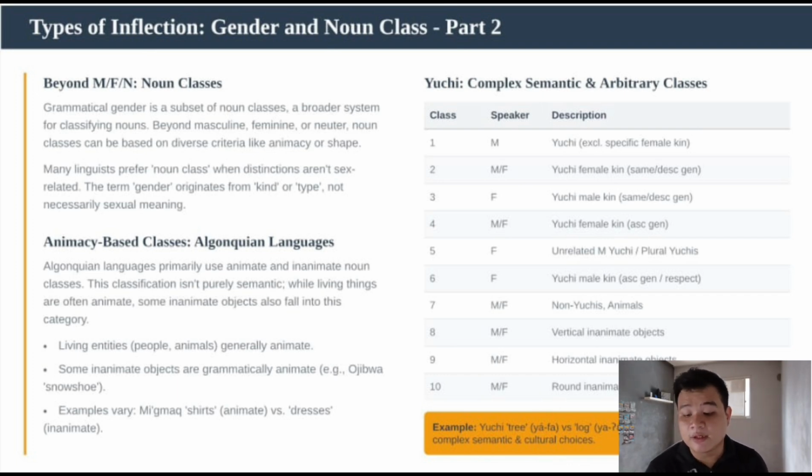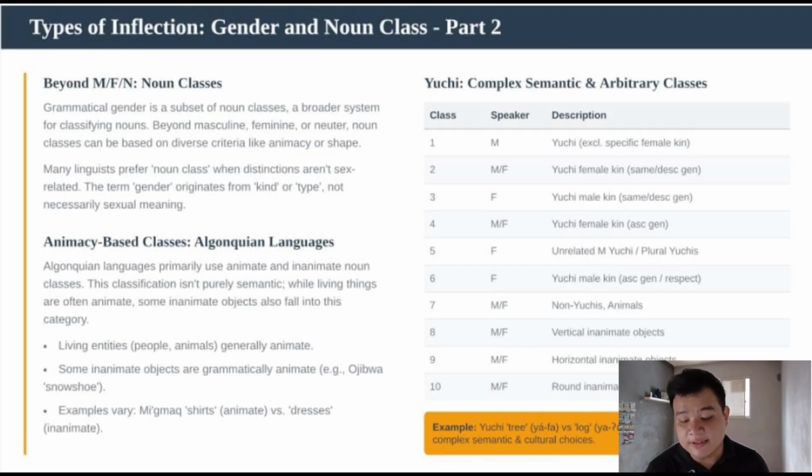Okay, so for example, in Algonquian languages, nouns are divided into animate and inanimate. This classification is not always logical from a modern perspective. It is not only about whether something is alive or not.